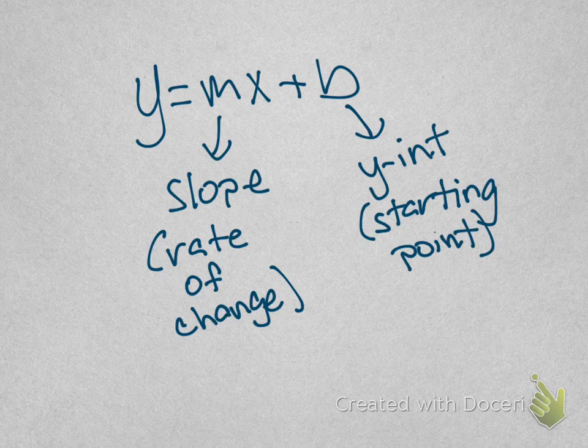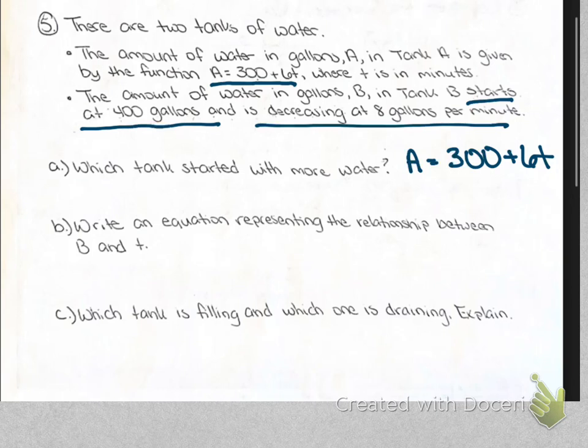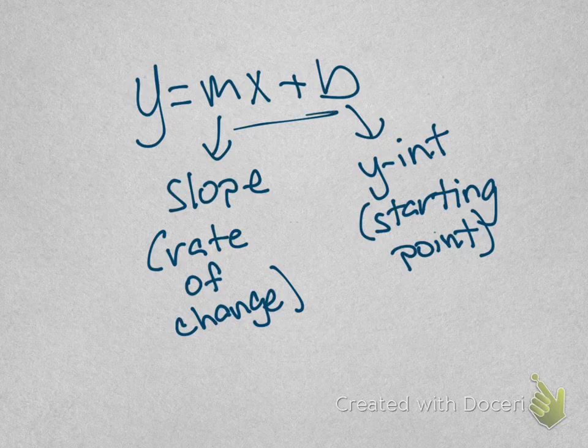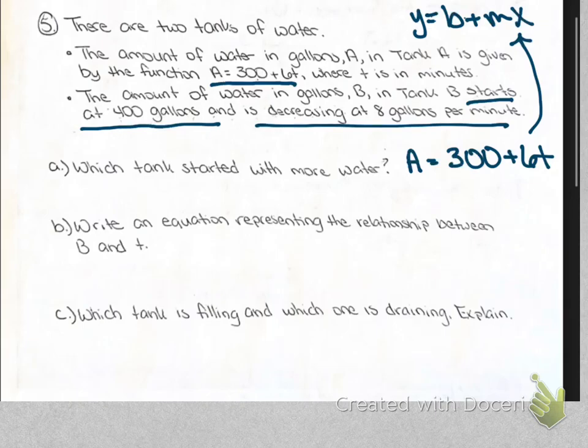Okay? The only thing different about the equation that we have in this format right here is that it's got the mx and the y-intercept switched. So it's written as, I'll write that up here, y equals b plus mx. So it's got it switched around, okay, but it's still that same equation.